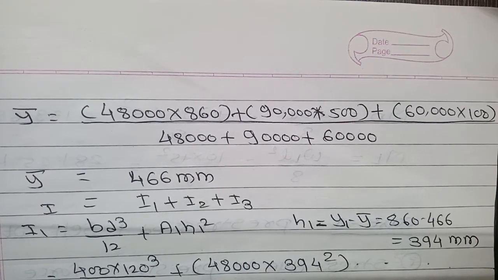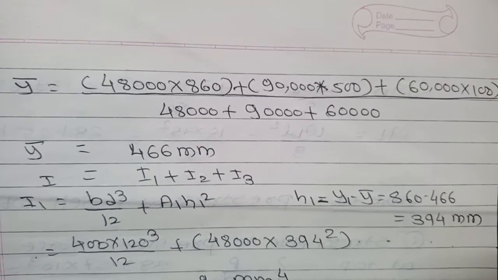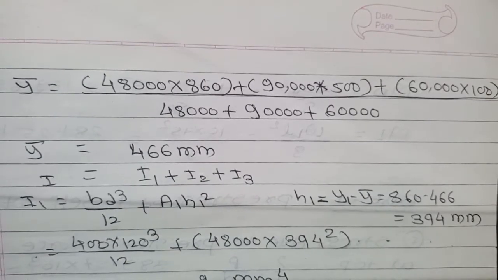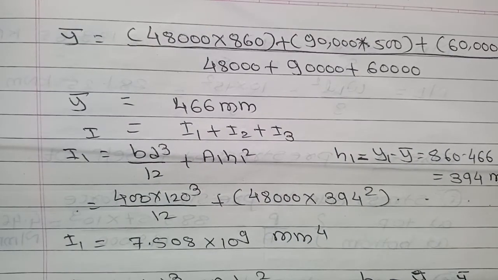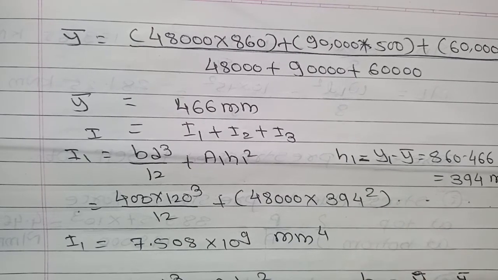Now the total moment of inertia we have to find, that is I1 plus I2 plus I3. I1 is the moment of inertia for the top flange. First of all, calculate one by one the moment of inertia for the top flange, that is BD cube upon 12 plus A1 H1 square. First of all, find H1, that is Y1 minus Y bar.